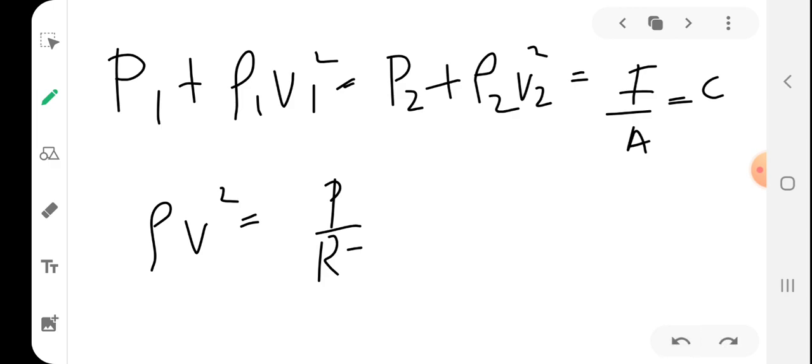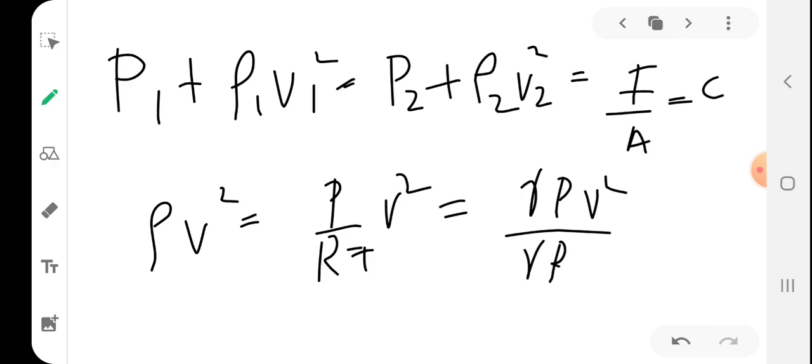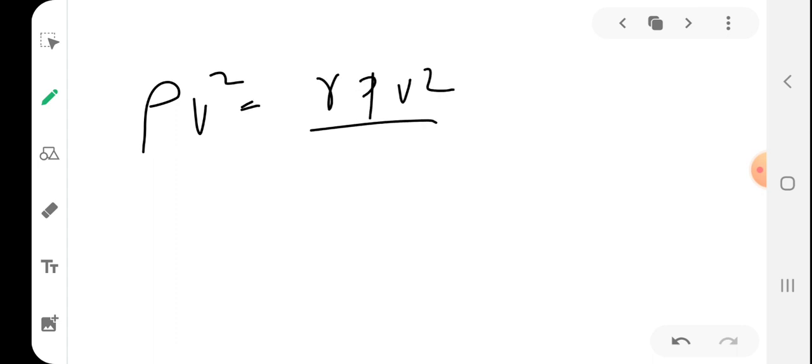Or I'll put it as V square itself: P by RT times V square. If you multiply by gamma in numerator and denominator, it becomes this, and now gamma RT is nothing but a square. So rho V square can be written as gamma P V square by a square.